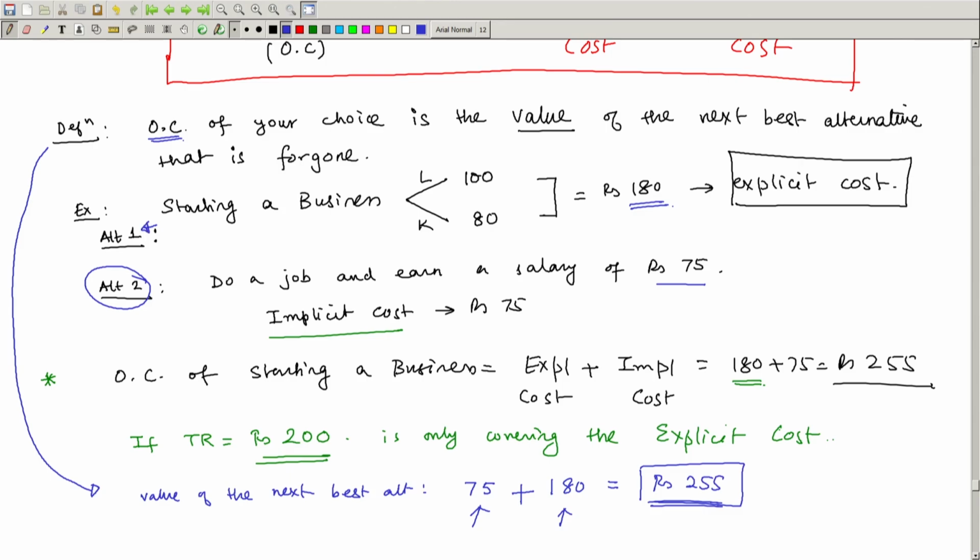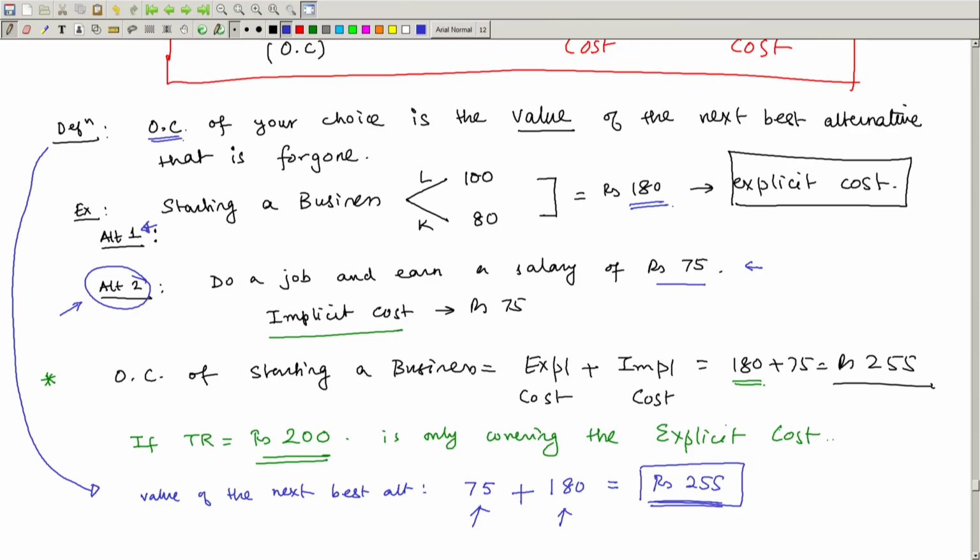So value of the next best alternative is 255 rupees, and that's the opportunity cost of your choice, which is alternative 1. Your choice was to take alternative 1, which is to start your business. Because of that, you had to give up your next best alternative. Suppose the next best alternative was alternative 2, which is doing a job and earning a salary of 75. So that's money coming into your pocket. And then the 180 rupees which was already there in your pocket continues to remain there. So the total amount in your pocket is 255.